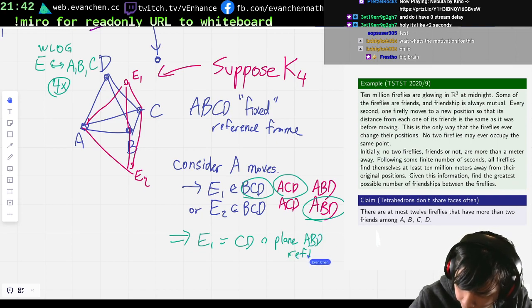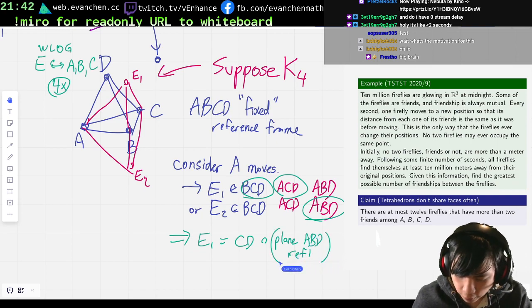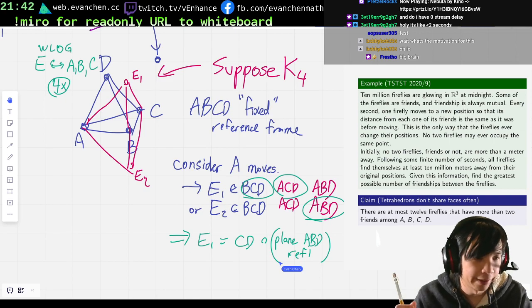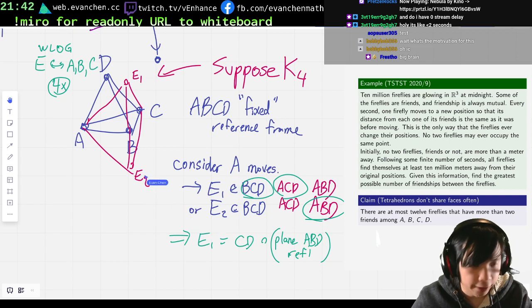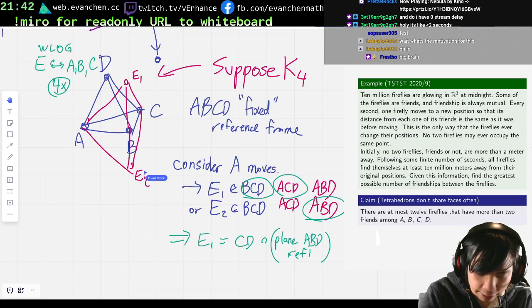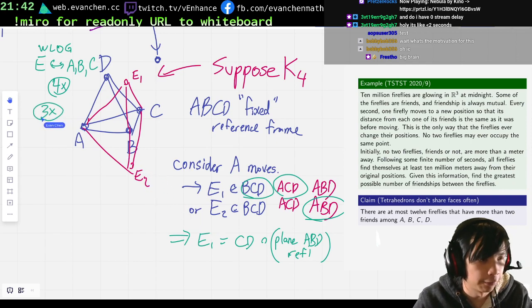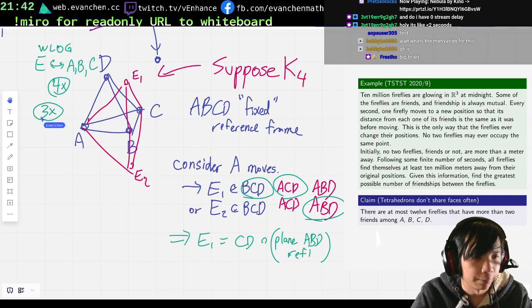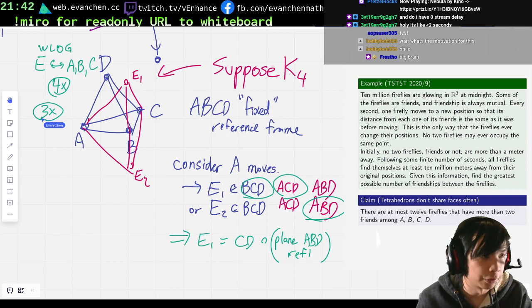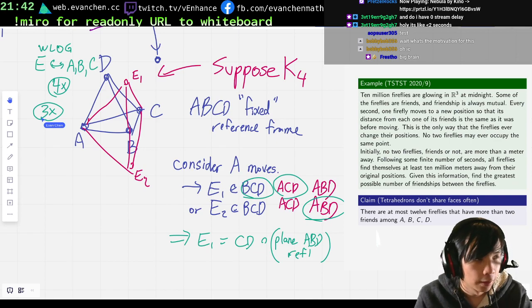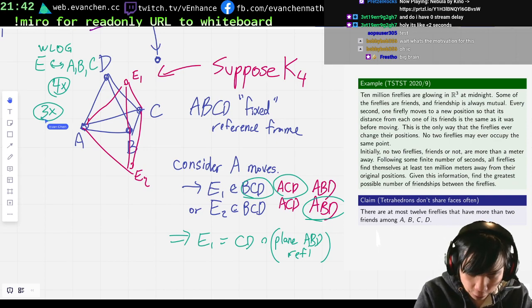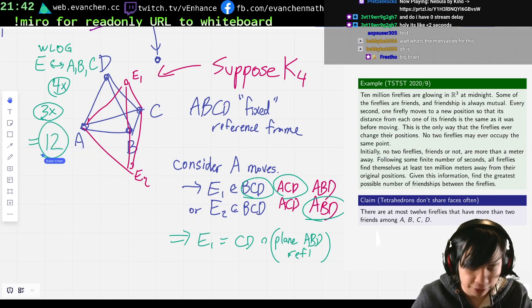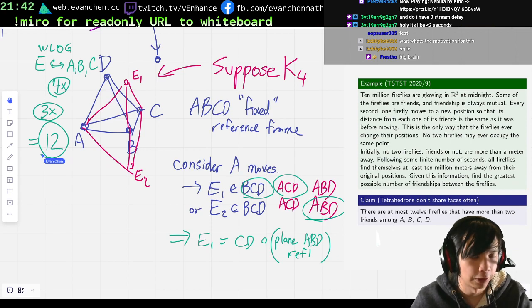Depending on which statements are true, you'll be able to pin down E1 and therefore E2 exactly. And the number of ways for the statements to be true is 3. You can't have them all in the upper row because that would imply E1 equals D, and fireflies don't occupy the same point. It'll cause problems. So, therefore, there's at most 12 possible positions for the pair E1, E2, and that proves the claim.